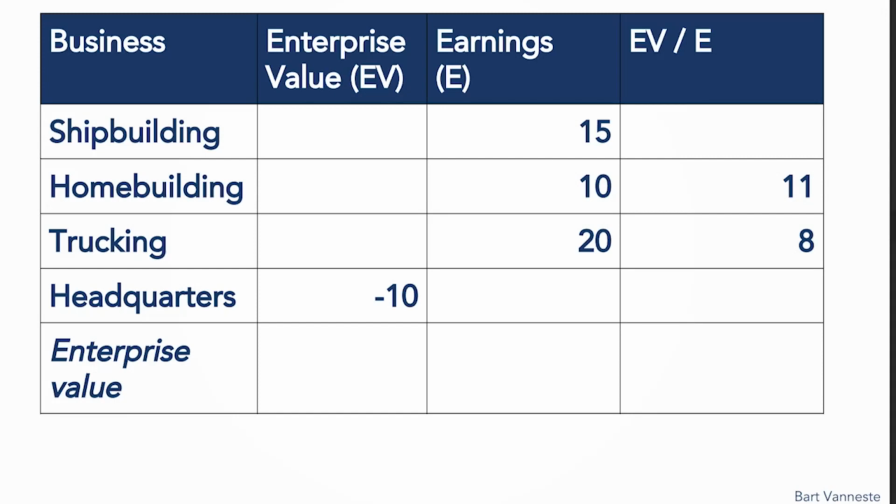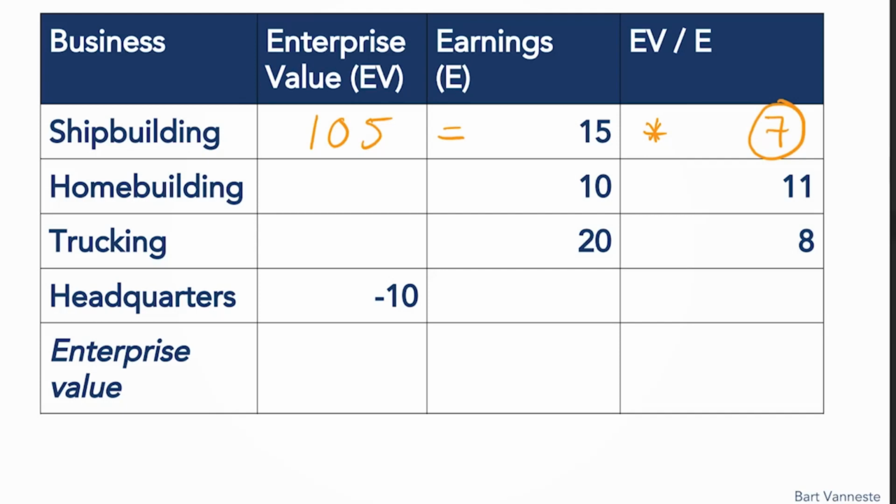In shipbuilding, we had calculated a multiple of 7 using the 3 other shipbuilding businesses. Now, using that multiple, we could calculate a value for the shipbuilding business. And the way we did that was we multiplied 7 times 15, giving us an enterprise value for just that shipbuilding business of 105.